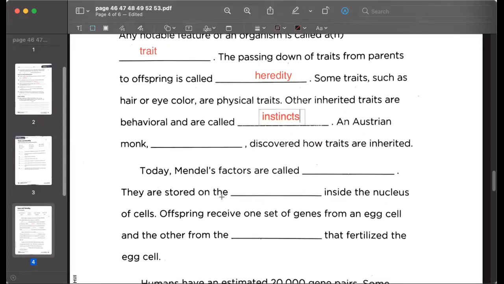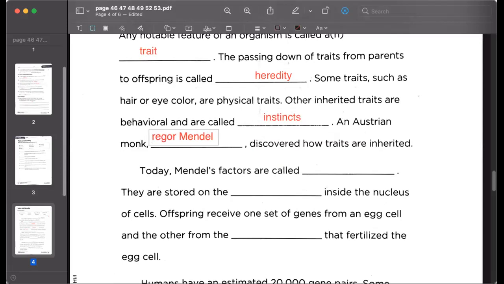The next one after this, the name of an Australian monk, you know very well, that is Mendel. Don't forget to write the first letter of the name capital.